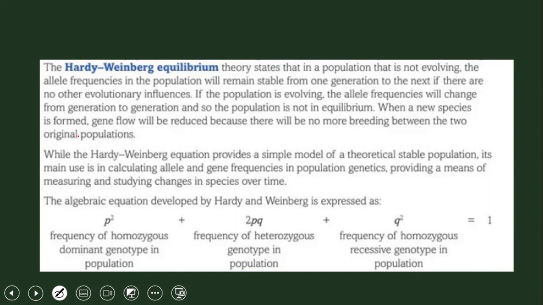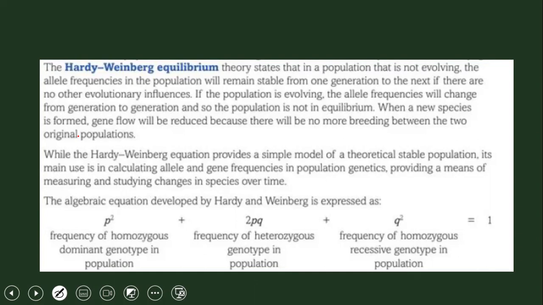On the other hand, what if your allele frequency is remaining the same? If allele frequency is remaining constant over a period of time, that is basically giving us the situation that this population is stable and there are no evolutionary influences. There is no evolution taking place.